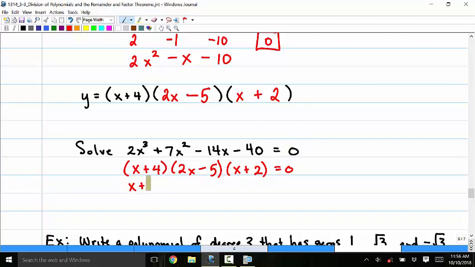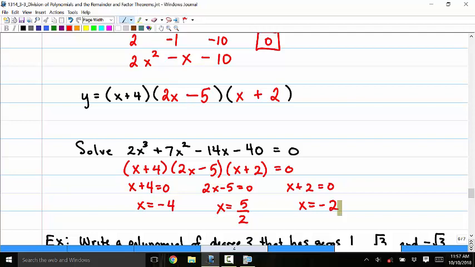So if x plus 4 equals 0, I get x equals negative 4. If 2x minus 5 equals 0, I get x equals 5 halves. And if x plus 2 equals 0, I get x equals negative 2.